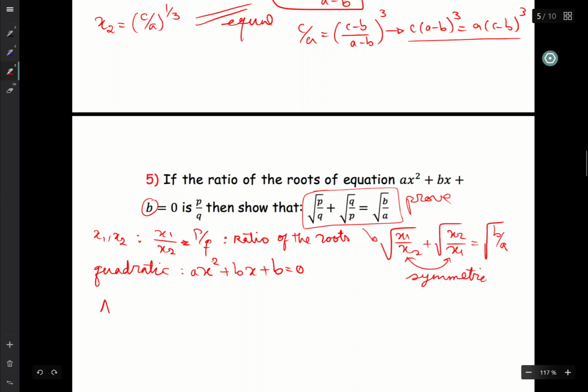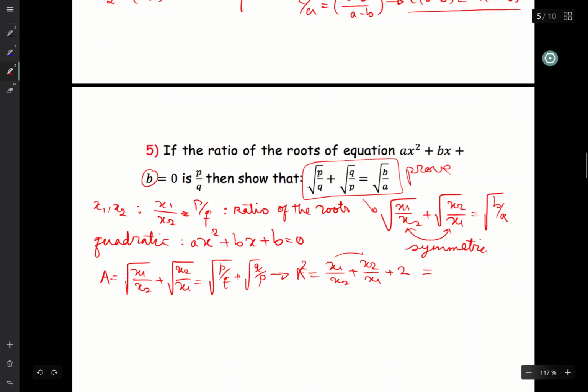If I want to find the value of it, I square it, it becomes x1 over x2 plus x2 over x1 plus twice the multiplication, which is 1, right?